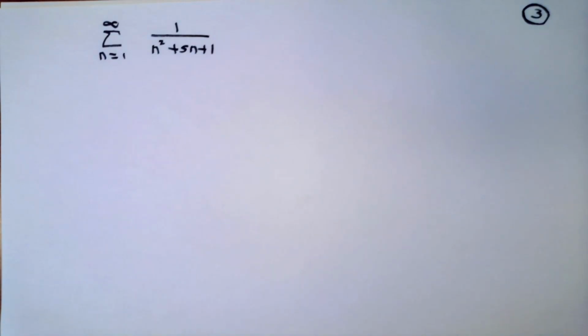Under certain circumstances, this makes it very easy to decide if a series converges or not. Think about the sum n equal 1 to infinity, 1 over n squared plus 5n plus 1. The terms that are getting added together in the bottoms of the fractions are all positive. When you make the denominator of a fraction larger, you make the fraction smaller. So the following statement is obviously true.